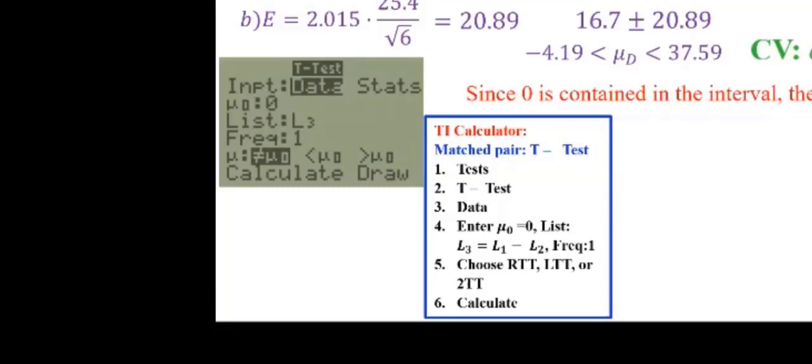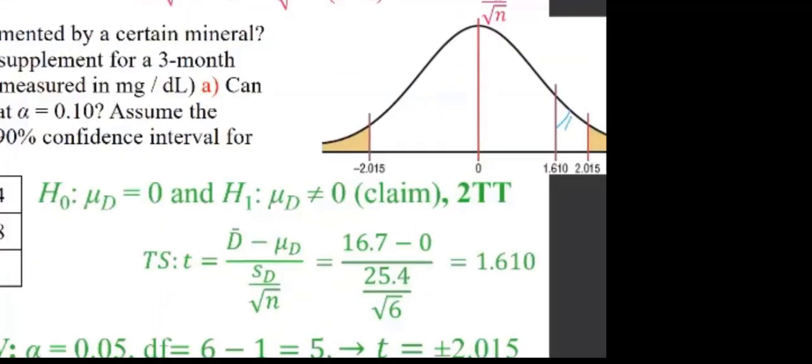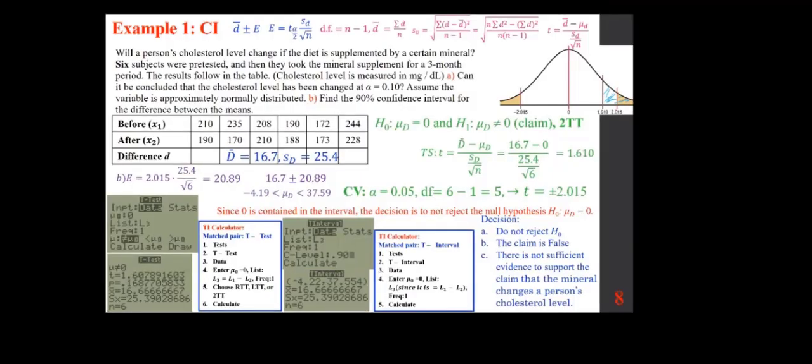All right. So when we input the data, it results in the following. And the p-value, as you can see, would be this area to the right of 1.610 times 2. And we have the result for the confidence interval also.